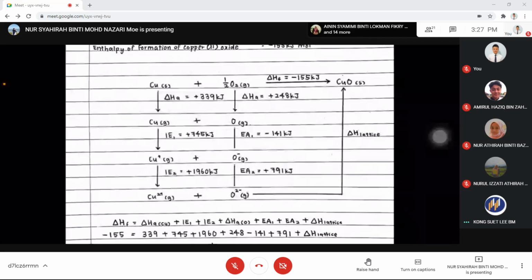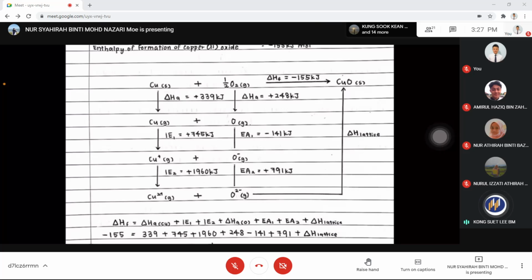So from the element, it will become copper gas. So this is called enthalpy of atomization. Enthalpy of atomization is from the element change to gaseous atom.